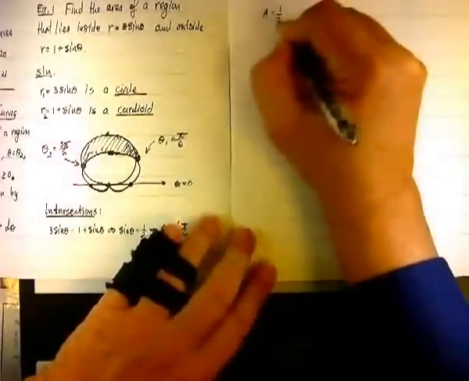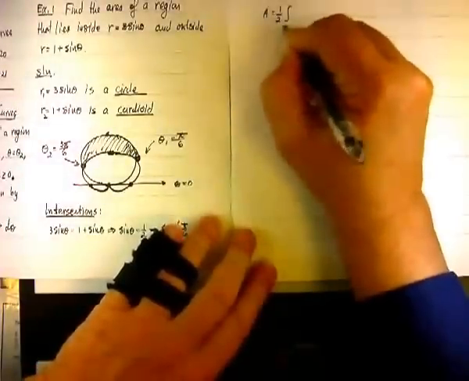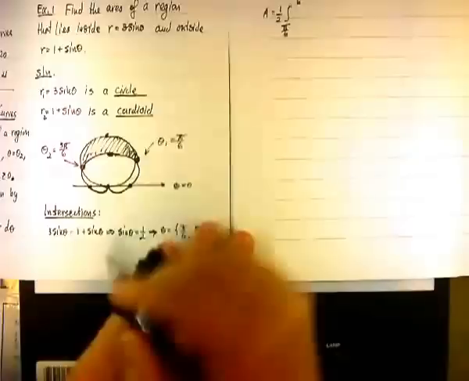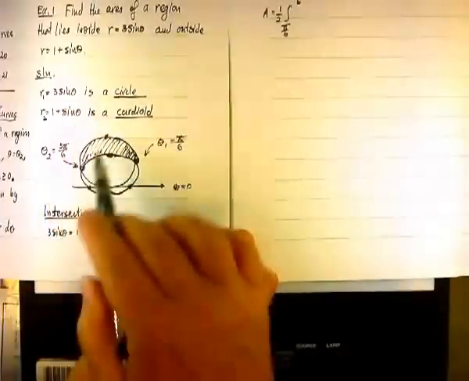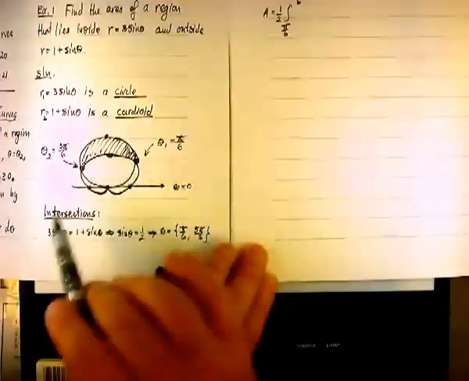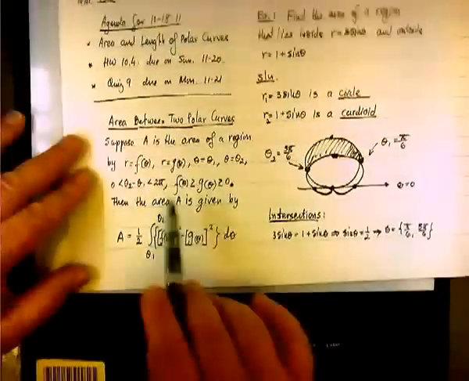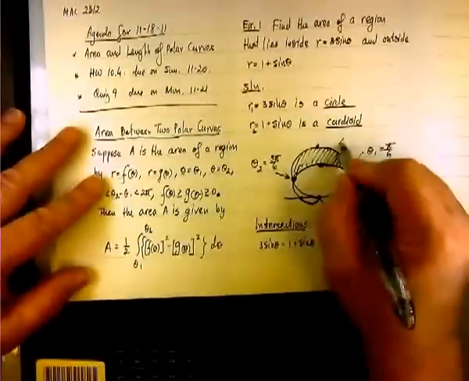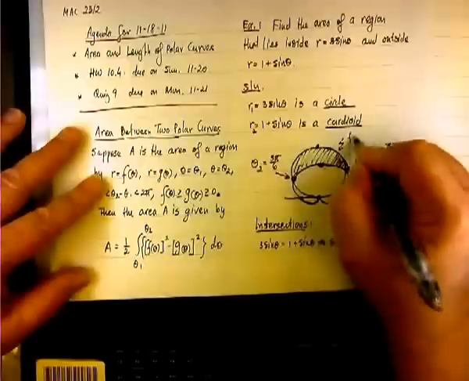So the area is 1/2 the integral. We know that we need to go from pi over 6 to 5 pi over 6. And now the circle is greater than the cardioid. Remember, one of the conditions, the supposition, is f is greater than g.